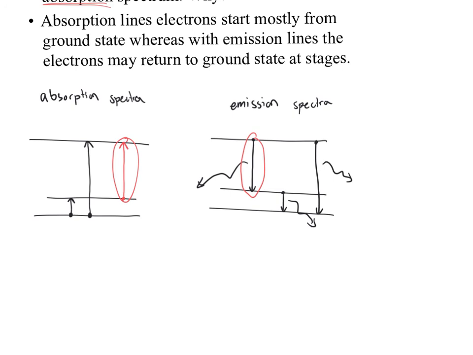So if an element is present, then we will be able to match the characteristic pattern of the emission spectral lines to the dark lines in the absorption line spectrum of the star.